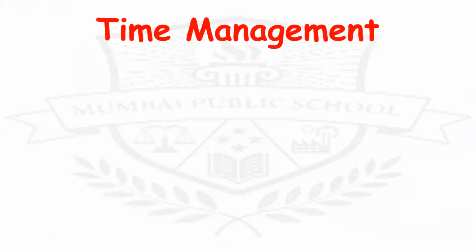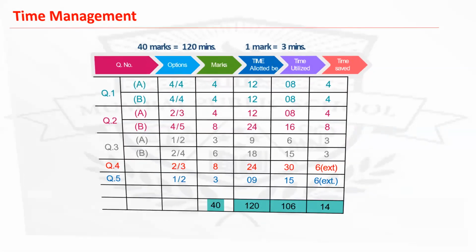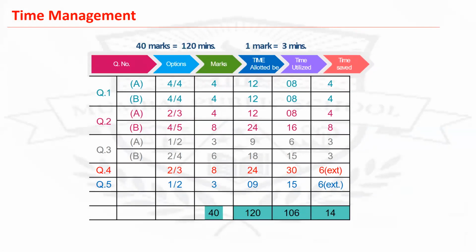Now, time management, the most important thing which I was talking about. Now, how to manage your time. Very important. Check here, you have got 40 marks. Understand, this is very important calculation. You've got 40 marks, and for 2 hours, 2 hours means 120 minutes.